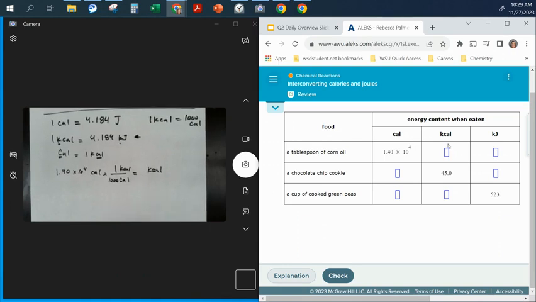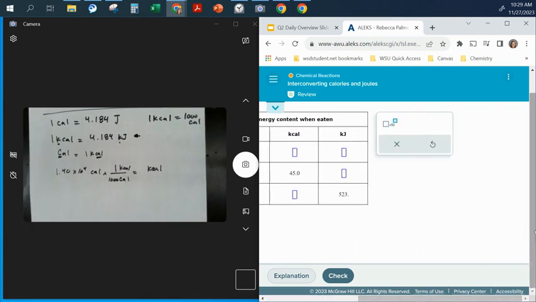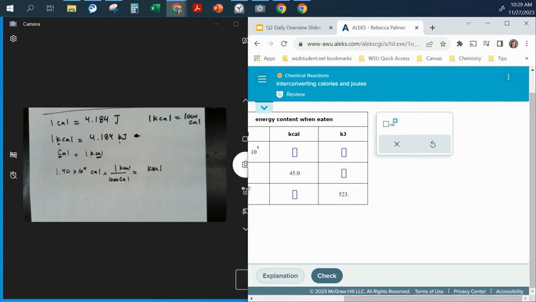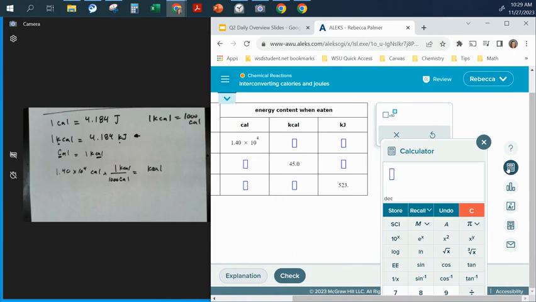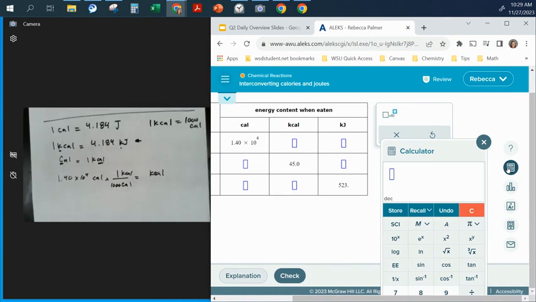Okay. So if I'm taking this number divided by 1,000, I'm just going to subtract 3 from the exponent. Or I can type it in my Alex calculator. Either way. So 1.4 times 10 to the 4, I'm going to divide this by 1,000.